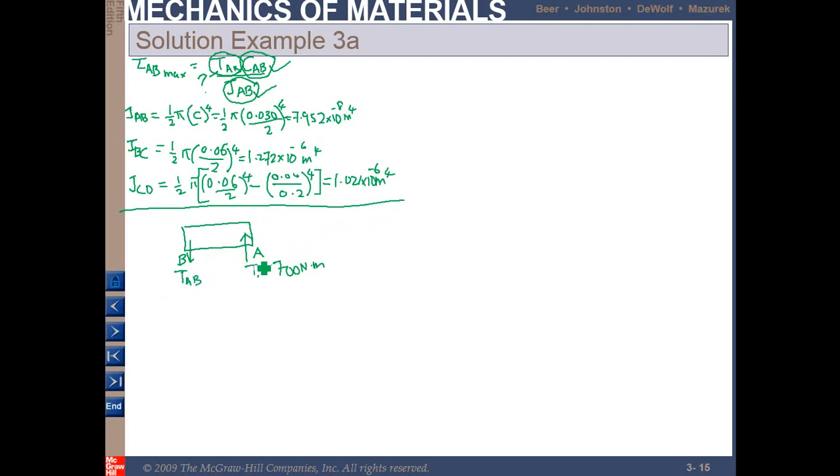You have to use the equilibrium equation. In this case, you can use the summation of moment. Let's say if you consider this as y direction, it should be equal to 0.